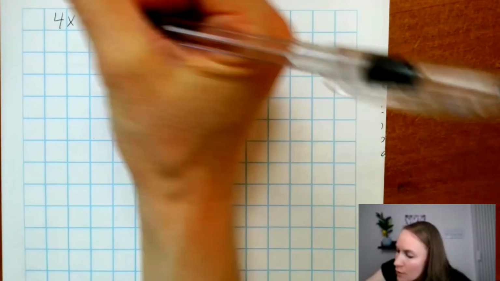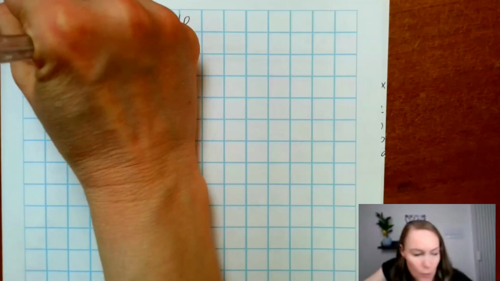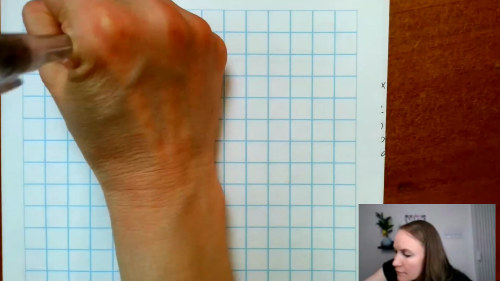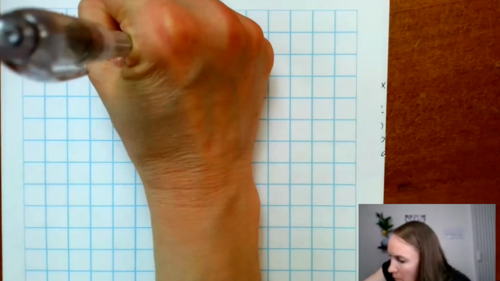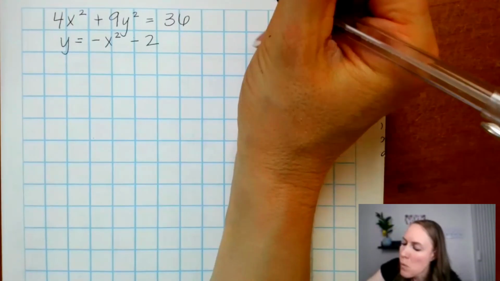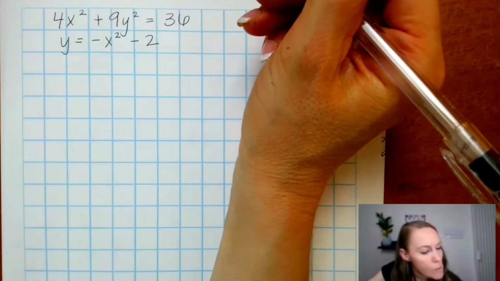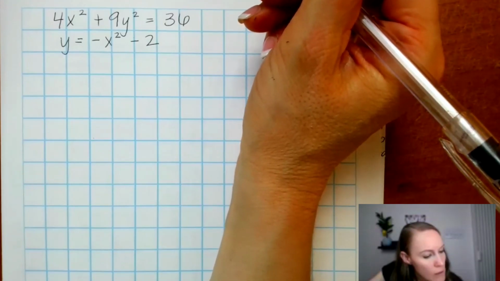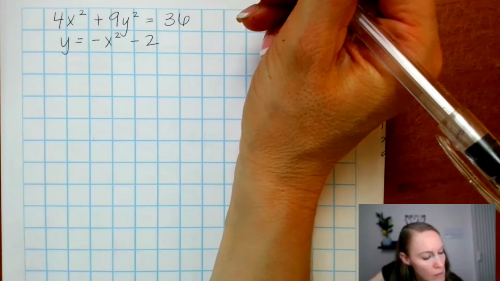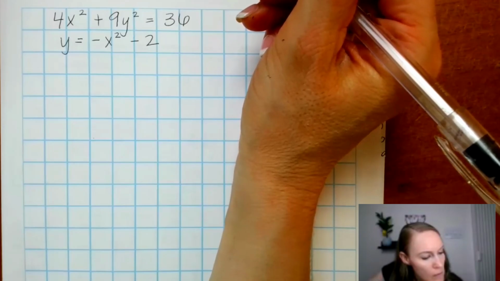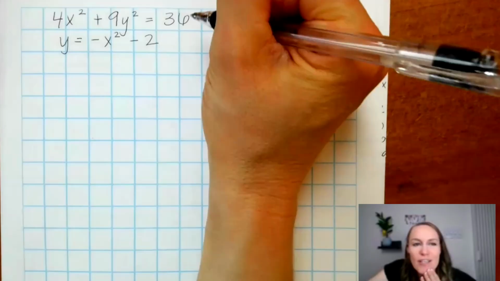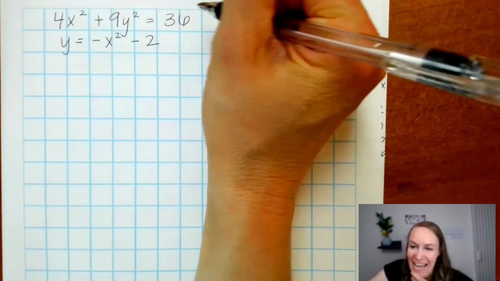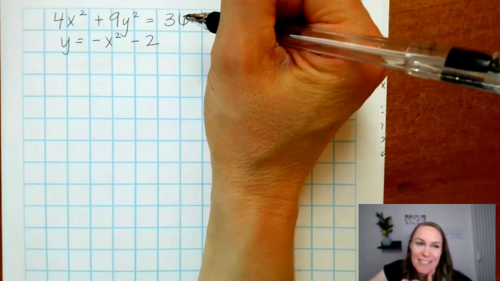And then we have y equals negative x squared minus 2. Okay, so actually I'm going to take both of these equations and add and subtract them. Let's see if that gets us anywhere.